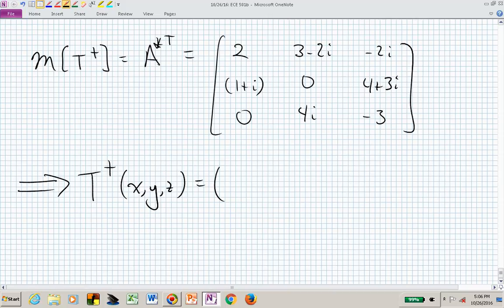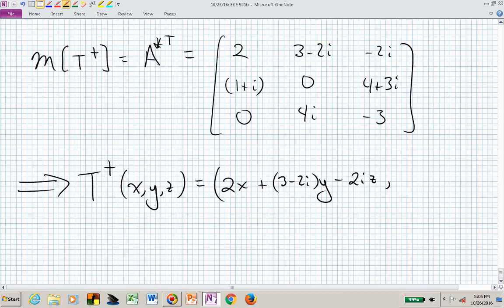Now I simply put x, y, z as a column on the right of this matrix and say, what's my first coordinate going to be? It's going to be 2x plus 3 minus 2i y plus minus 2i z. That's my first coordinate. So I have 2x plus 3 minus 2i y minus 2i z.